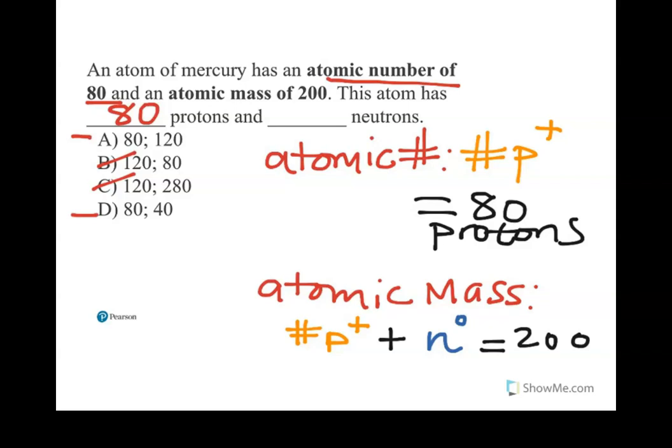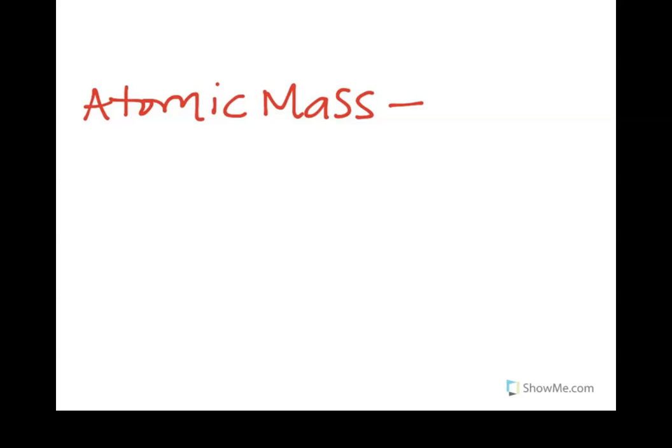Let's go ahead and do some quick math to figure that out. If I subtract, let me actually get a new page to show you this. If I actually take the atomic mass and subtract the atomic number, that'll give me the number of neutrons.